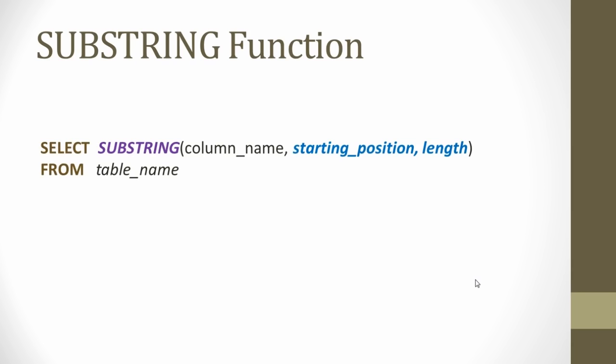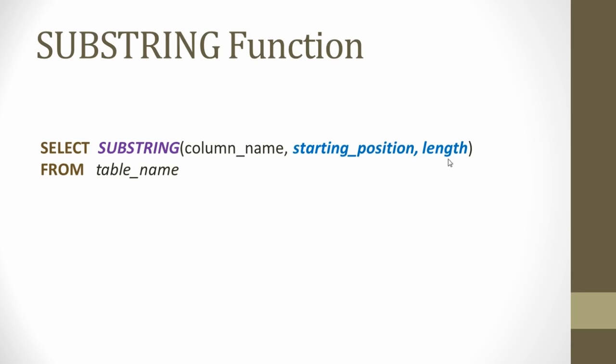Now the substring function, here we are going to say select substring, whatever column name or even expression, in the sense like you could put something in quotes and that becomes a string here, single or double quotes. What is your starting position? Where do you want to start in the string? And how far do you want to go?